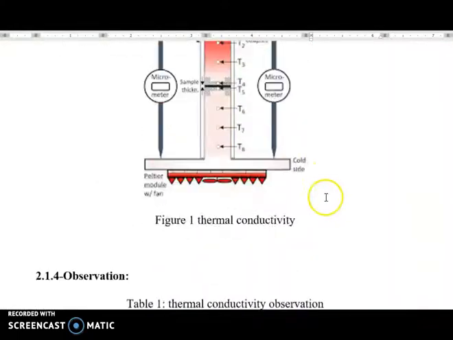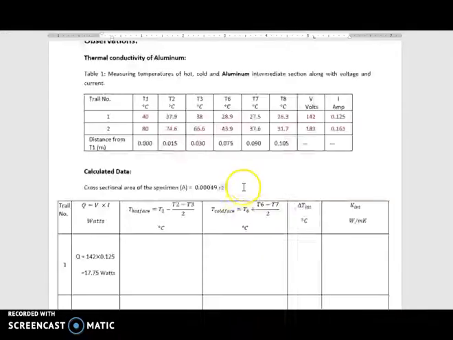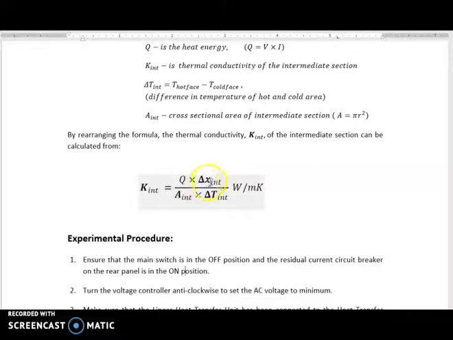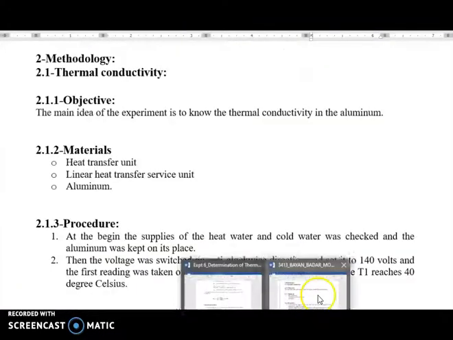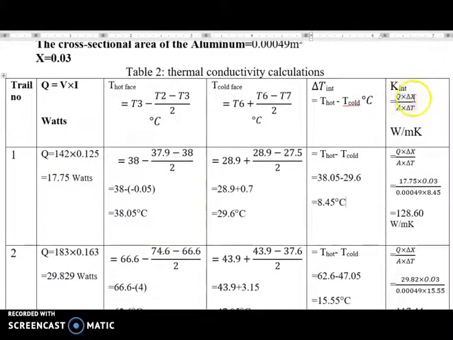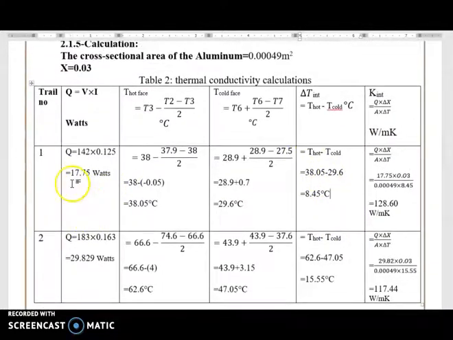That is the standard formula I have already explained: K_int equals Q times delta X_int divided by A_int times delta T_int. However you have done trial 1, the same method applies to trial 2.